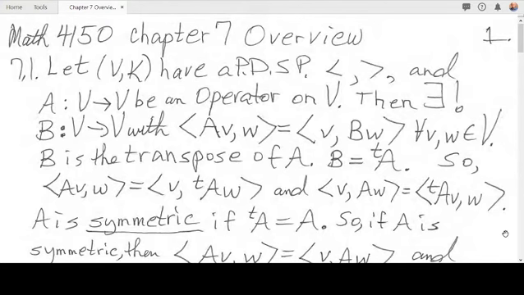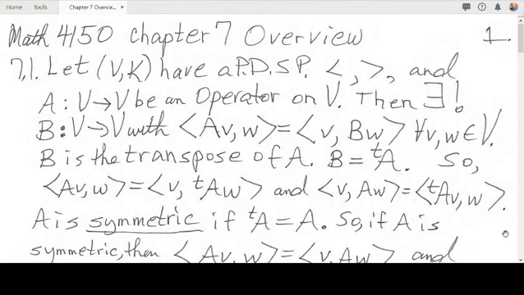So we have the scalar product of AV with W always equal to the scalar product of V with the transpose of A W, and vice versa.